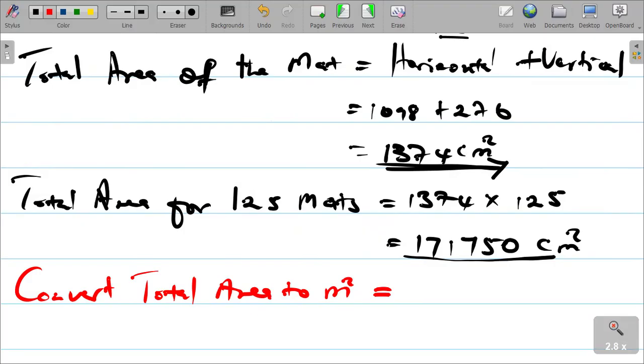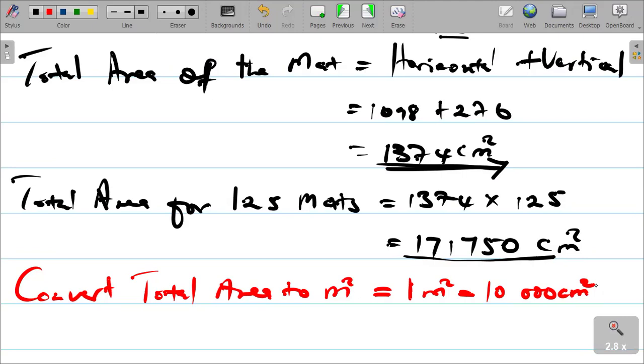What we are supposed to understand is that 1 square meter is equal to 10,000 square centimeters.